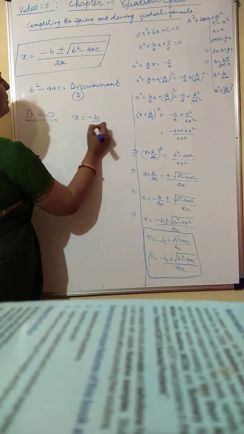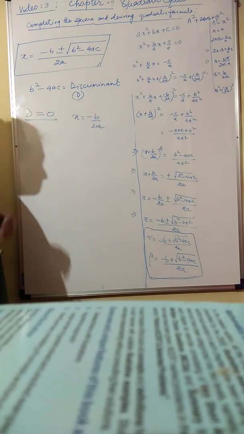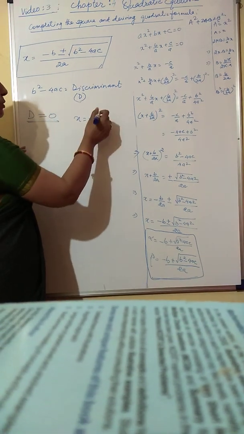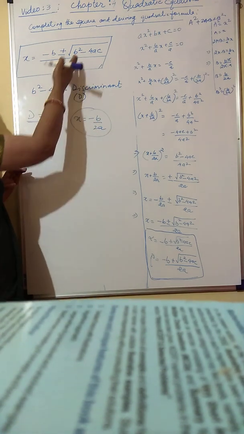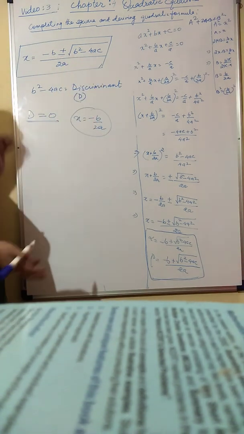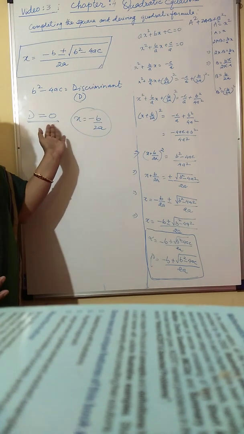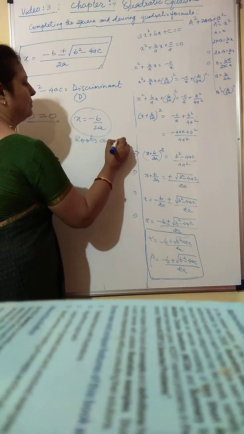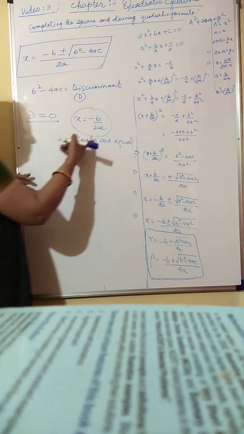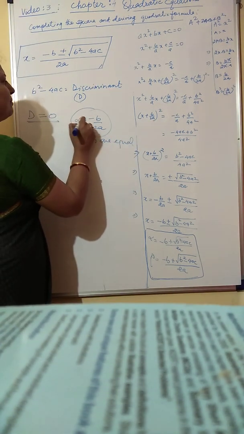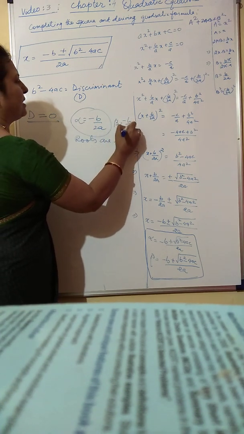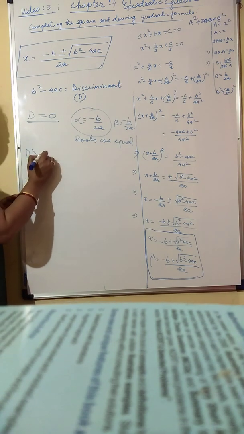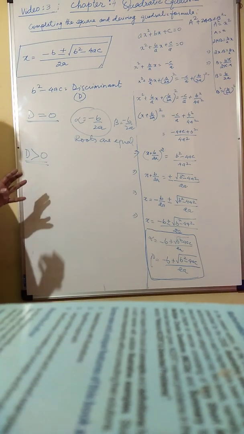It is always equal to minus b by 2a and there is no other value. So for both cases alpha and beta, you will only get minus b by 2a because this is going to be 0 anyways. So that means when the value of d is 0, we may say that roots are equal. Alpha and beta both are equal to minus b by 2a.